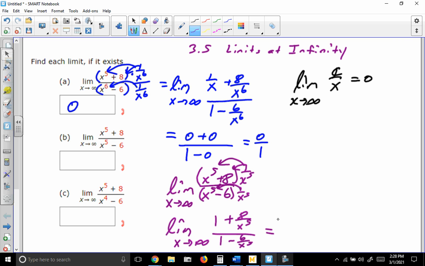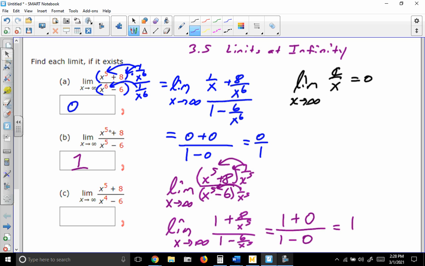So when we take the limit, each constant is a constant, but when we have a constant over x, if x is going to infinity, that term is going to 0. So each of these terms go to 0, giving us 1 over 1, which is just 1.